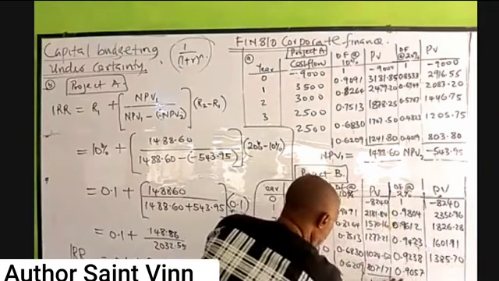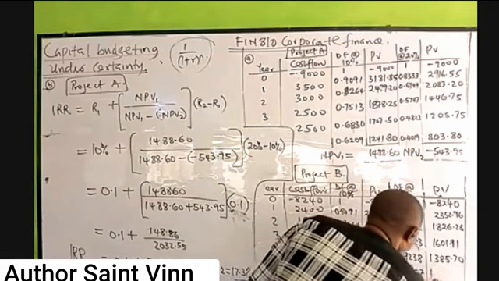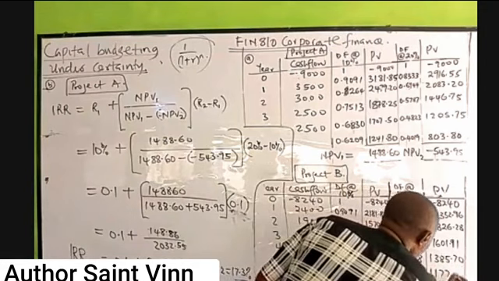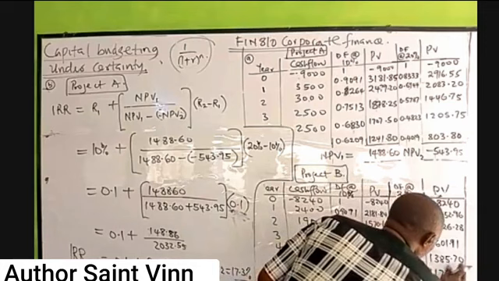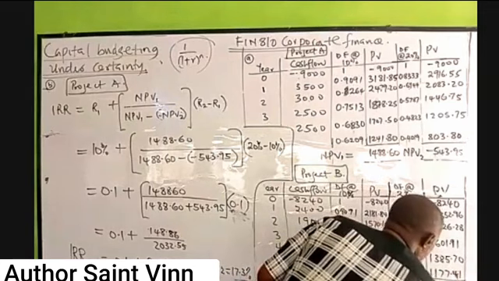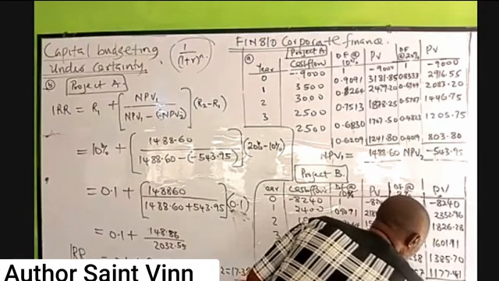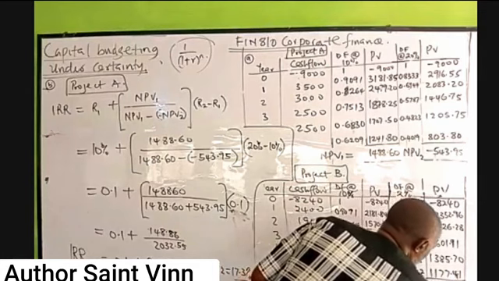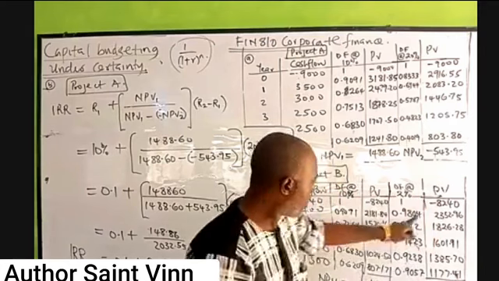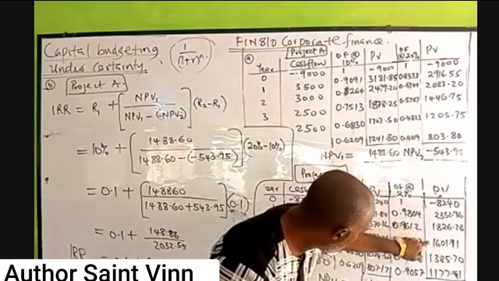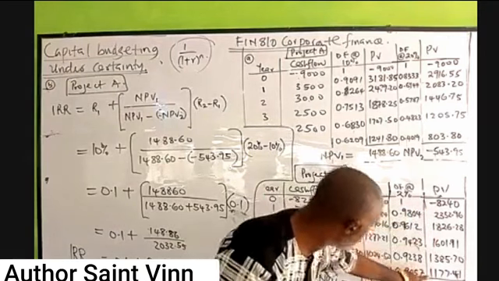This one multiplied by this. 41. And we added, you said there was positive at 104.26, so it's positive. This 3, 4, 5, 6.